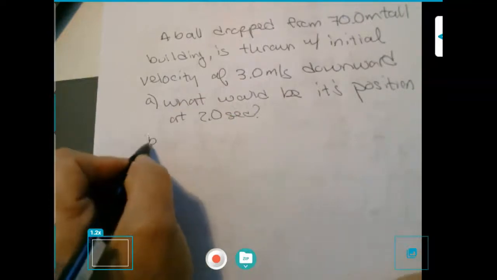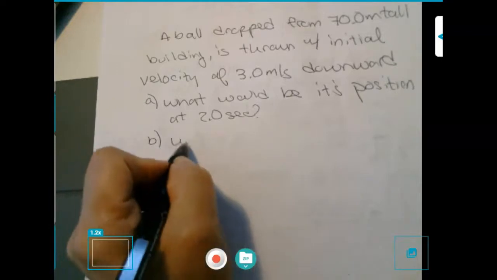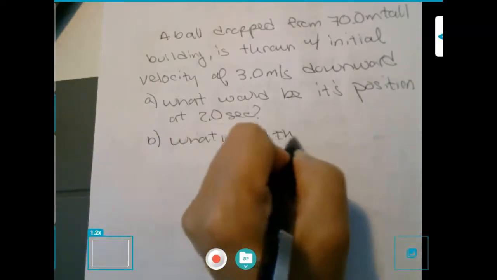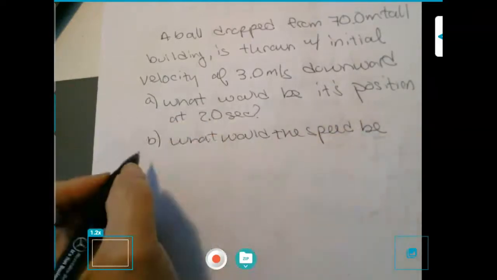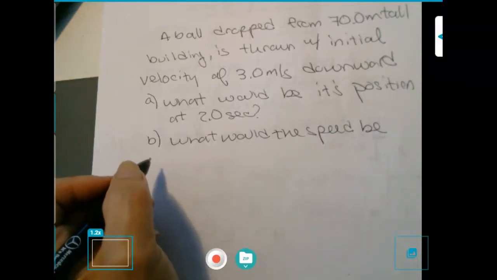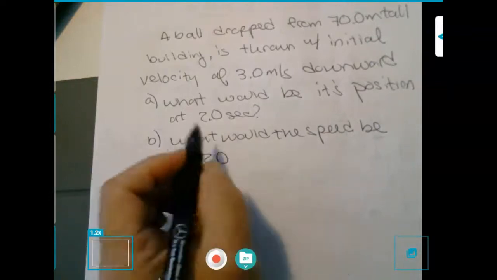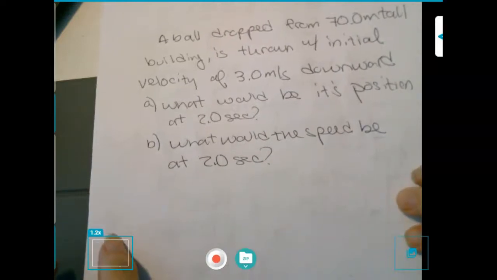And then another one I want to find is, what would the speed be at 2 seconds. So let's draw our picture.